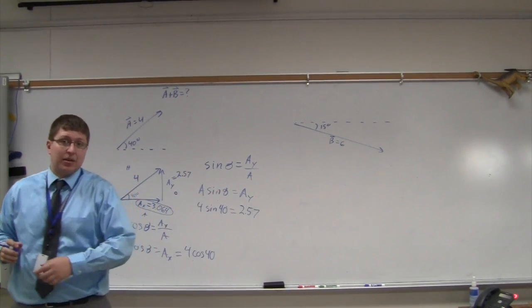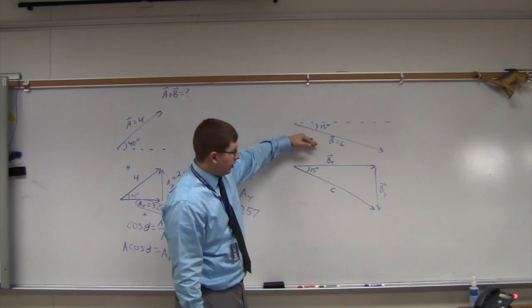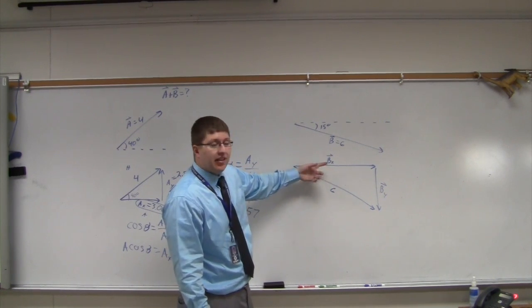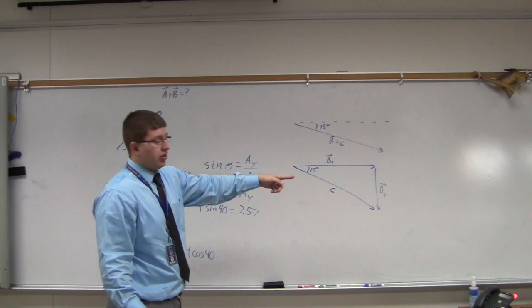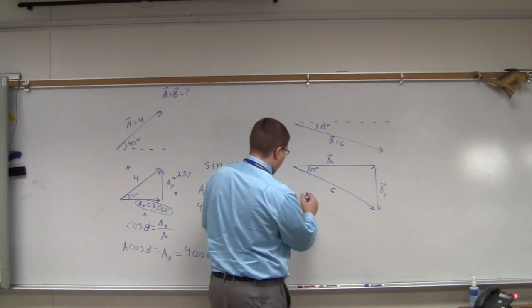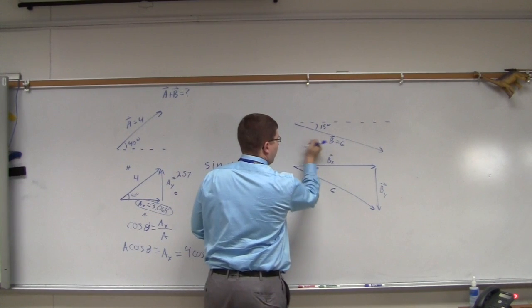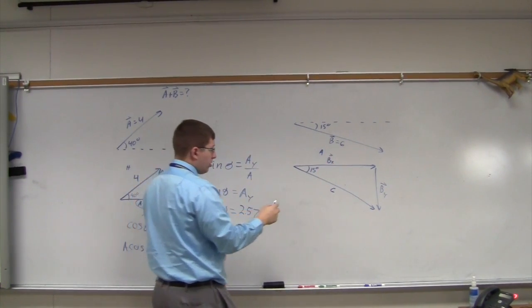We have to do the exact same thing now with vector B. You can see I redrew vector B as well as I could, not changing its magnitude or direction, and then drew BX and BY to make a little triangle with the 15-degree angle. I'm going to start with X again. BX is our adjacent side, so just like before, I'm going to use cosine.